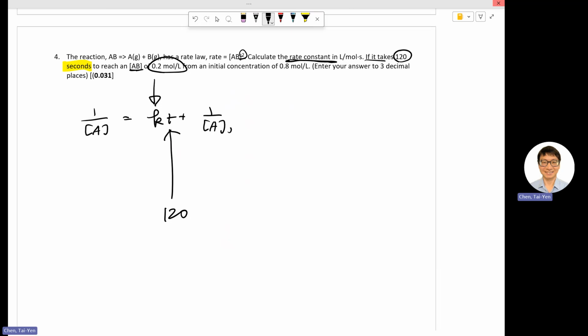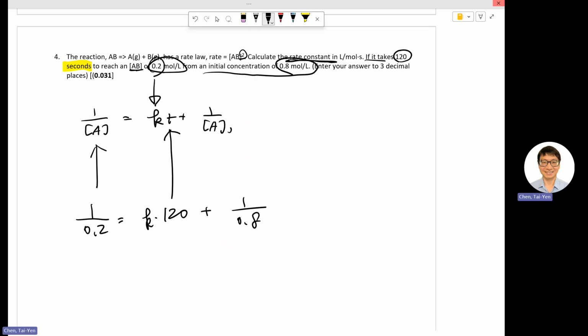So what does this value correspond to? 0.2 is what, your A or A not? It's A, right? So you know this is 1 over 0.2 equals K times 120 plus the initial concentration, which is 1 over 0.8. Can you solve this equation? Can you get your K?